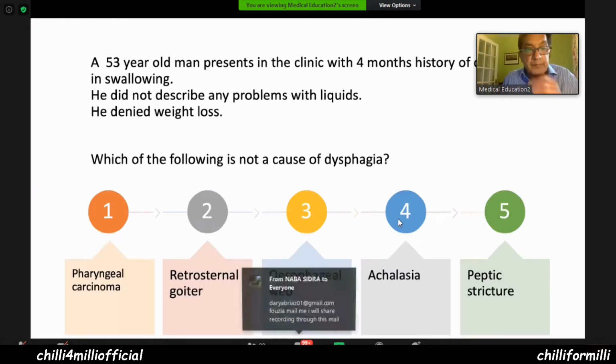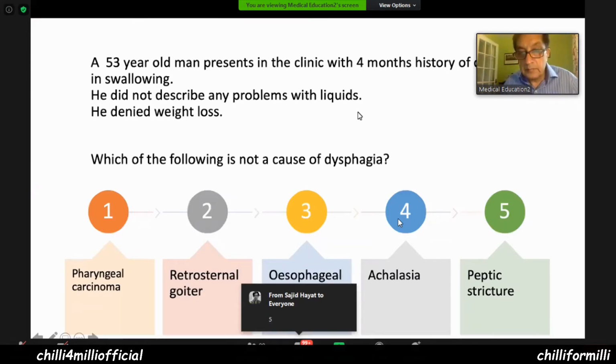So, guys, someone said five. Most of the people are saying five. Actually, the answer is four. This is achalasia. Yes, most people now are coming with four. That is the correct answer.